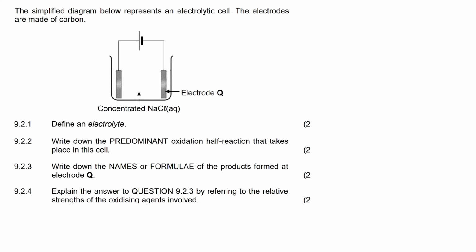The simplified diagram below represents an electrolytic cell. The electrodes are made of carbon. Define an electrolyte. An electrolyte is a solution that can conduct electricity. That's literally it. It's a solution that can conduct electricity.